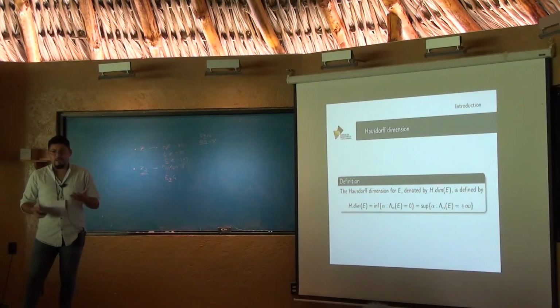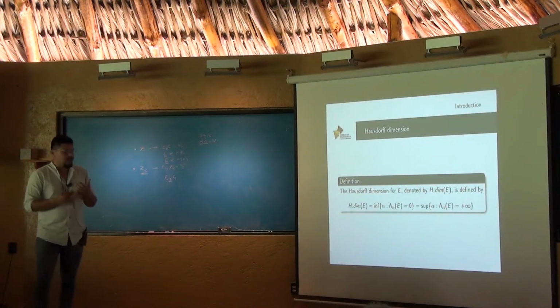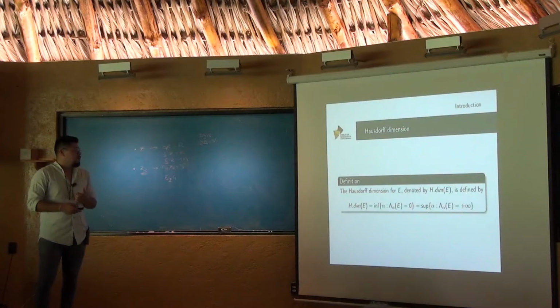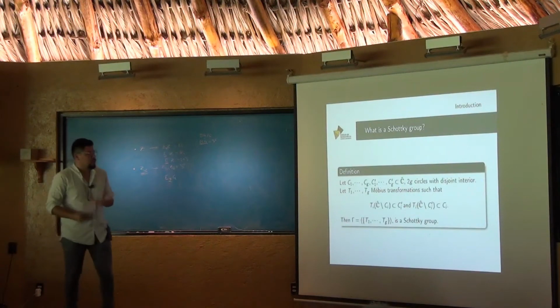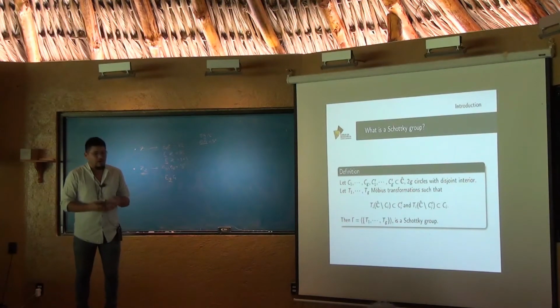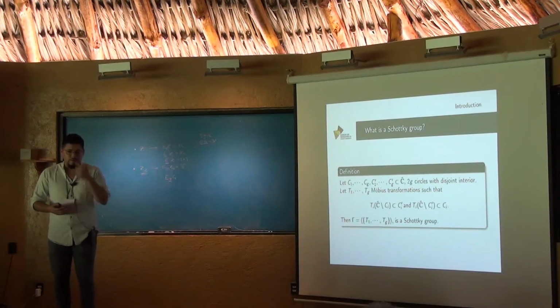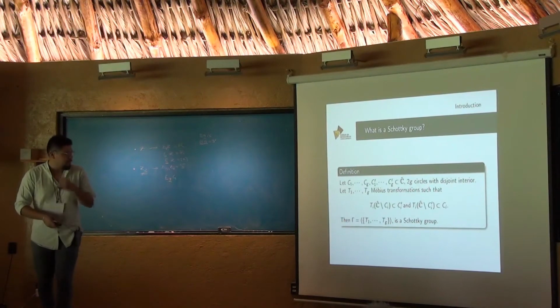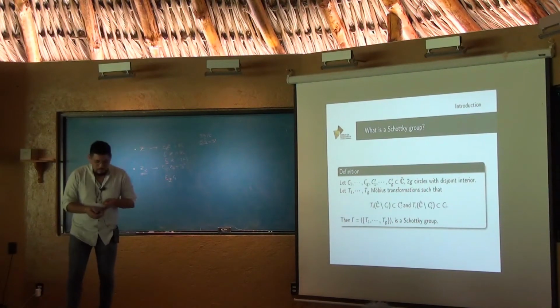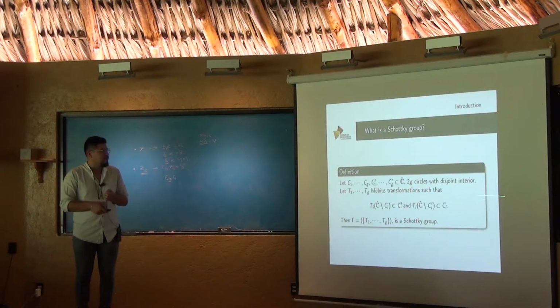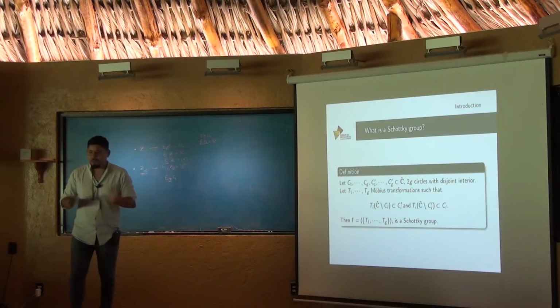So now we know how the Hausdorff dimension is defined. Where will we apply the McMullen algorithm? We will apply it to the Schottky group. How do we construct a classical Schottky group? We take an even number of circles in the Riemann sphere. We ask that these circles have disjoint interiors, and take half that number of Mobius transformations that pair these circles.